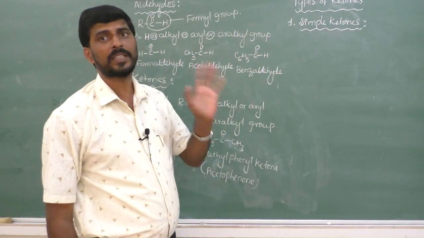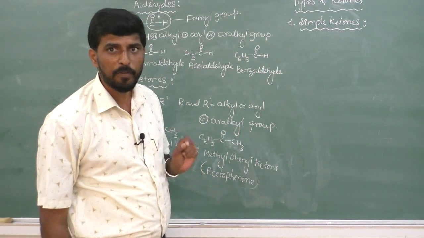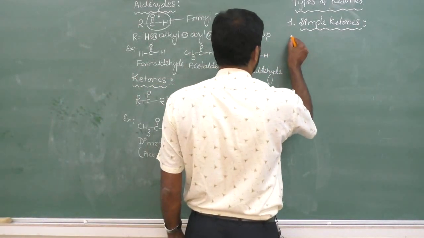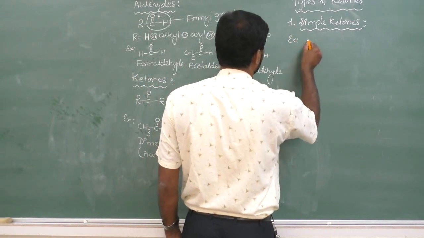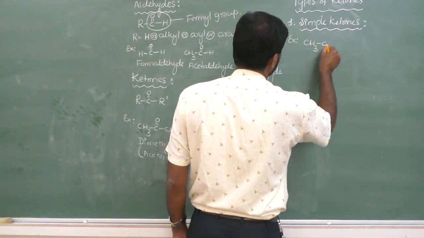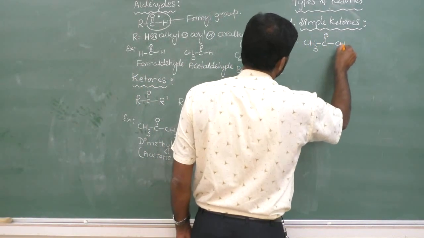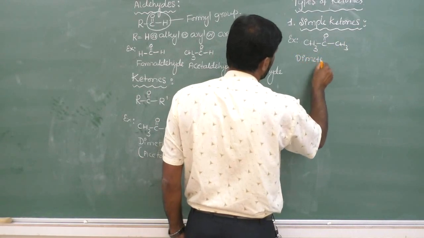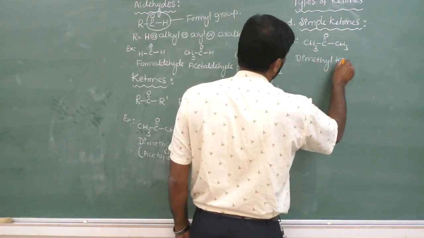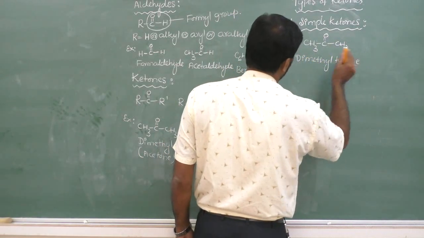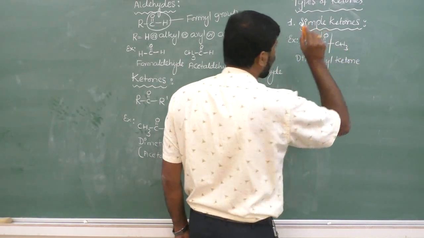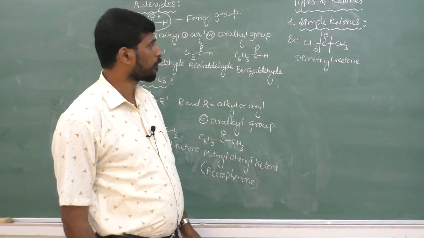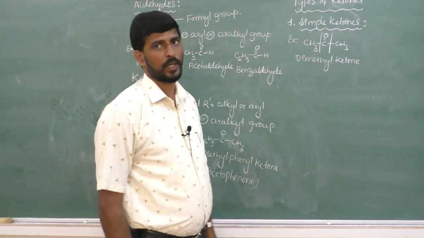For example, this is CH3COCH3, dimethyl ketone. On either side of the carbonyl functional group, a methyl group is attached. Therefore, it is a simple ketone.